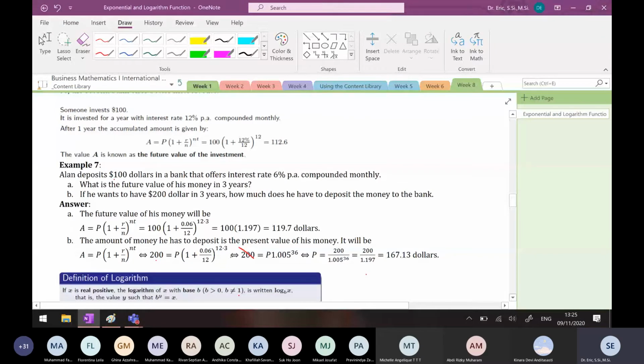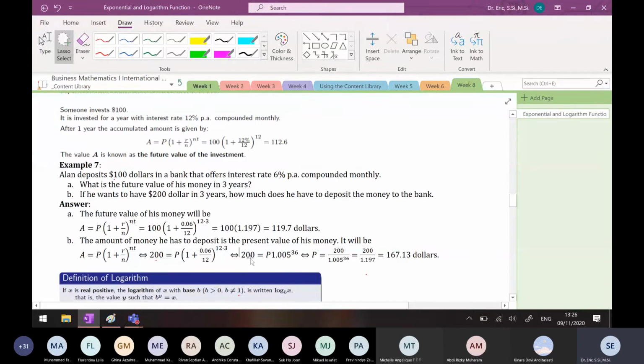I can simplify this. What is this? Okay, so I have 200 equals P times 1.005 to the power of 36.